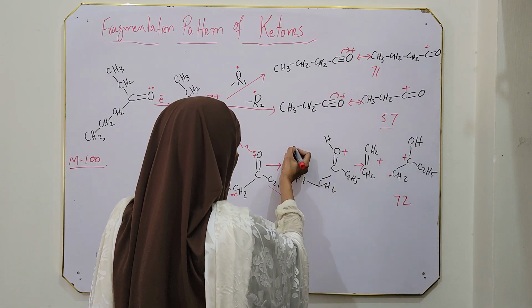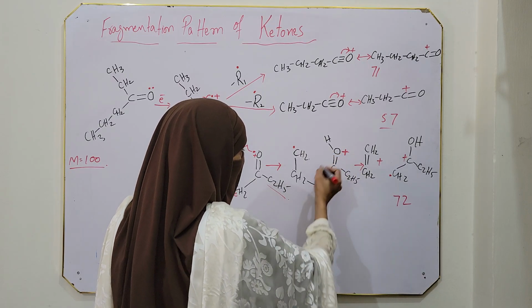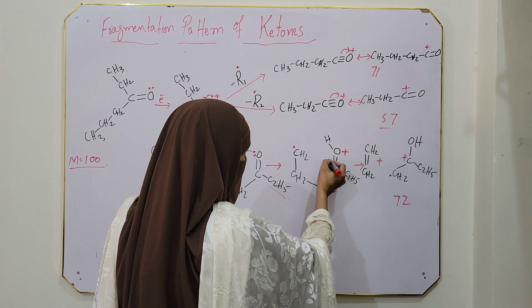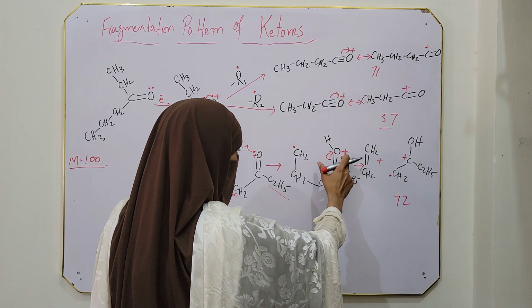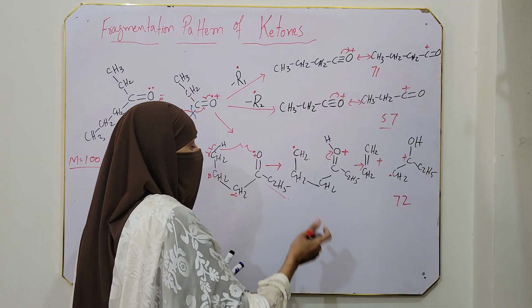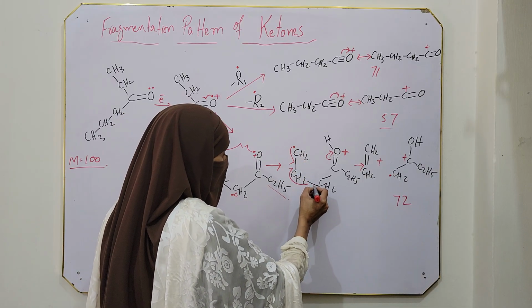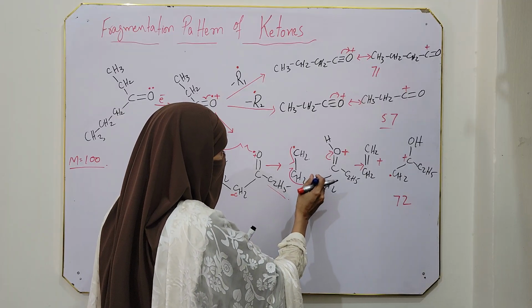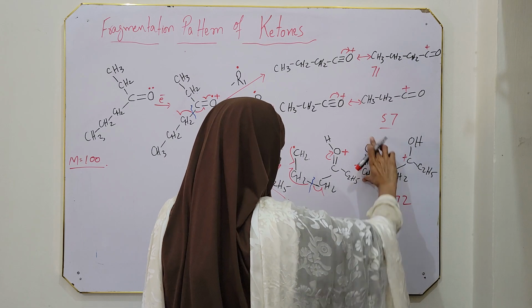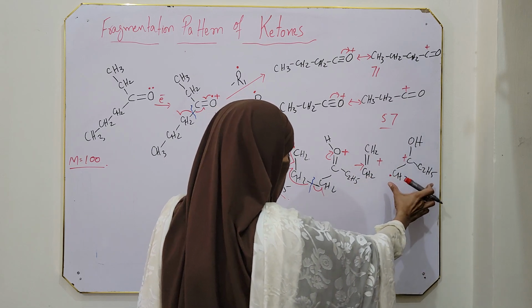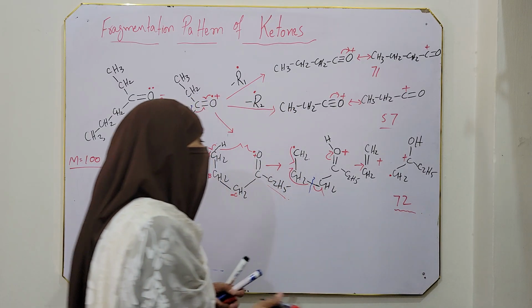After shifting here, a radical is formed and oxygen carries a positive charge. We immediately release the oxygen positive charge by shifting the double bond toward this position, and again beta cleavage will occur. In a similar pattern, the beta bond will be cleaved homolytically. As a result, this neutral molecule is released and we get this carbocation at position 72.